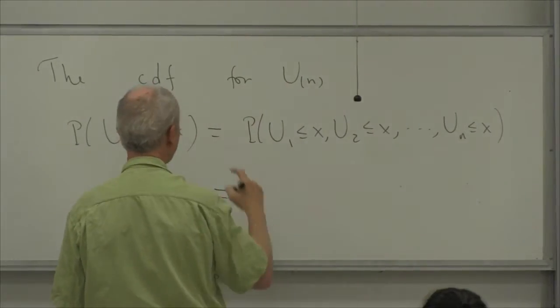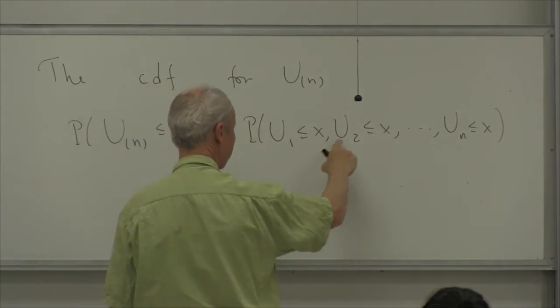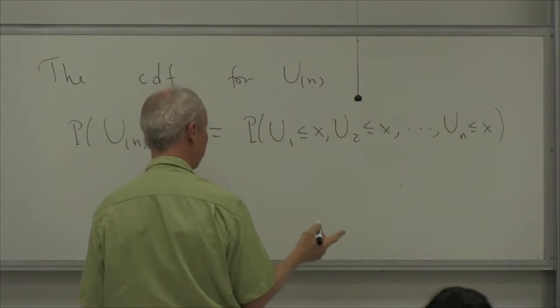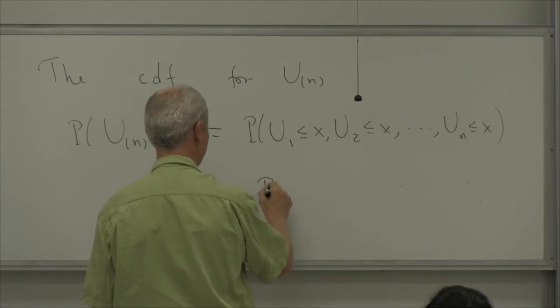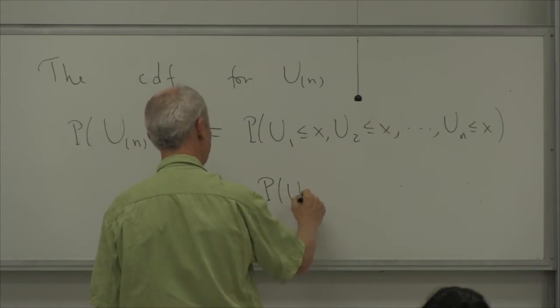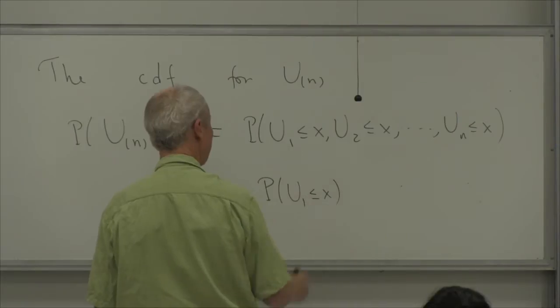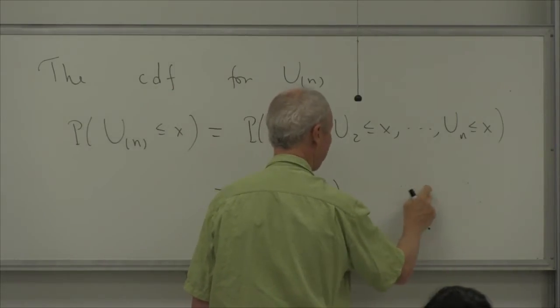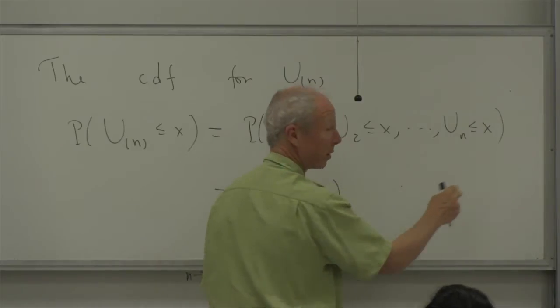And these are independent, so this becomes, since these commas mean and or intersection, a product of the probabilities of U1 less than or equal to x, of U2 less than or equal to x, etc., and probably Un is less than or equal to x there.